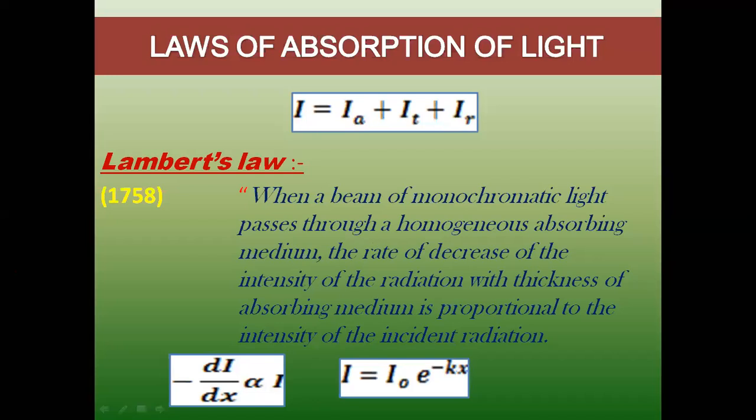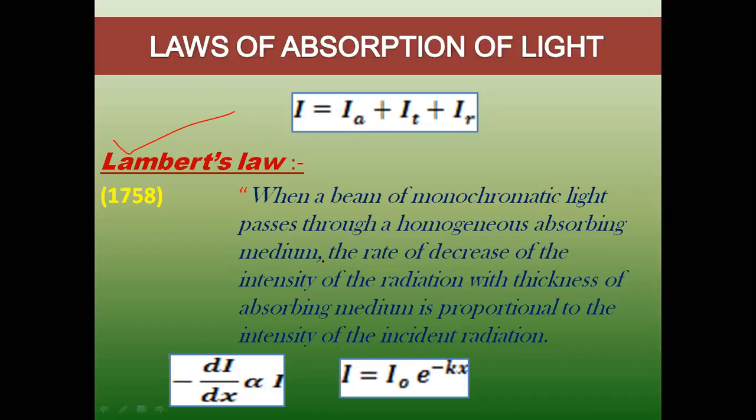So let me see the laws of absorption of light. The first law is Lambert's law. What does Lambert's law state? When a beam of monochromatic light passes through a homogeneous absorbing medium, meaning you consider one cuvette and in that cuvette you put some homogeneous solution that is able to absorb the light.